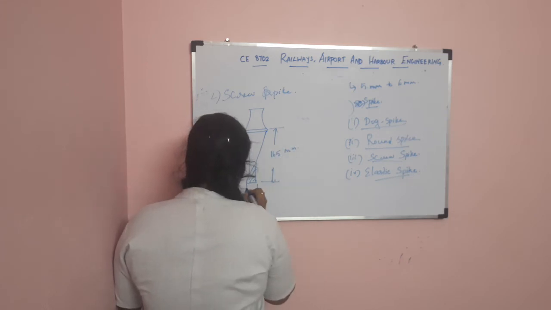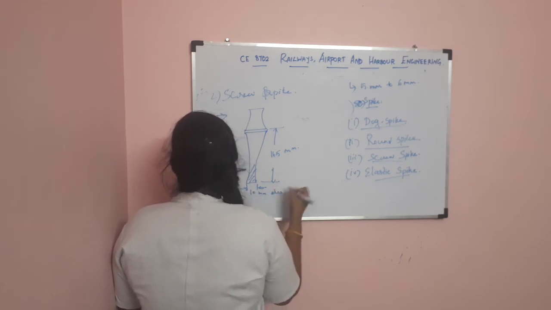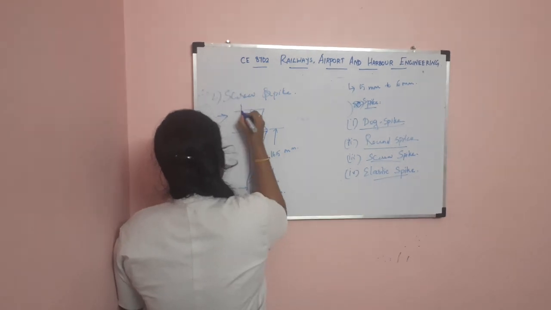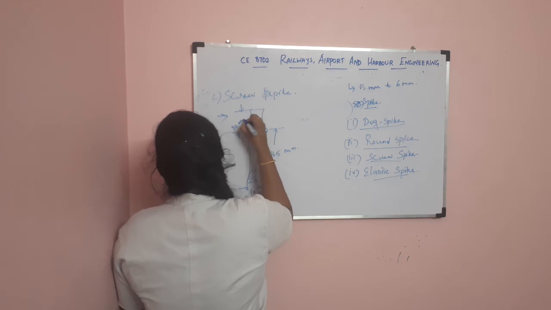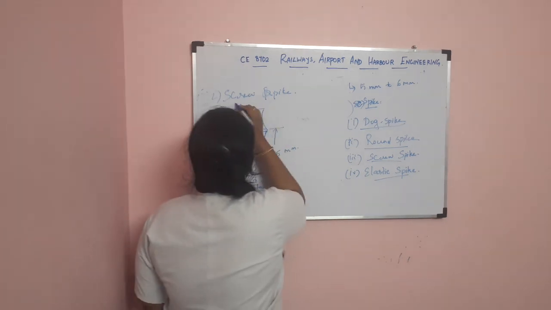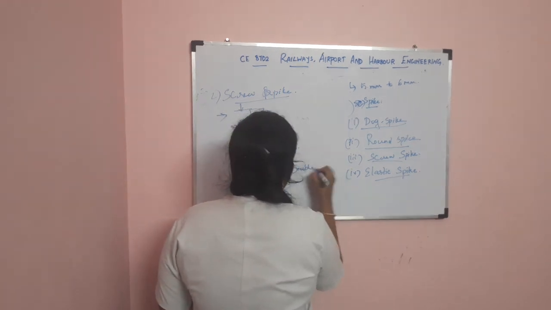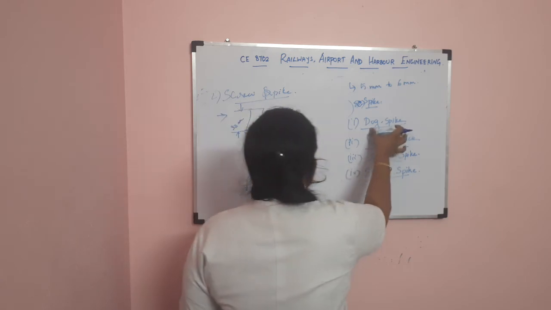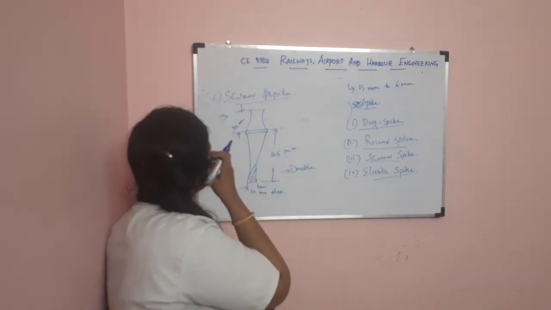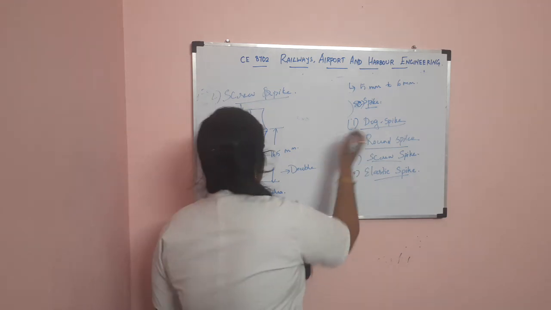Then this is round shape, so 10 mm dia. So this is 32 mm. So this screw spike has the strength double than this dog spike.